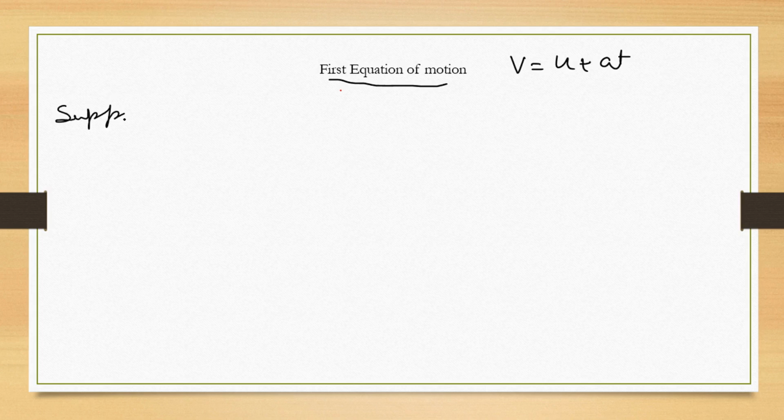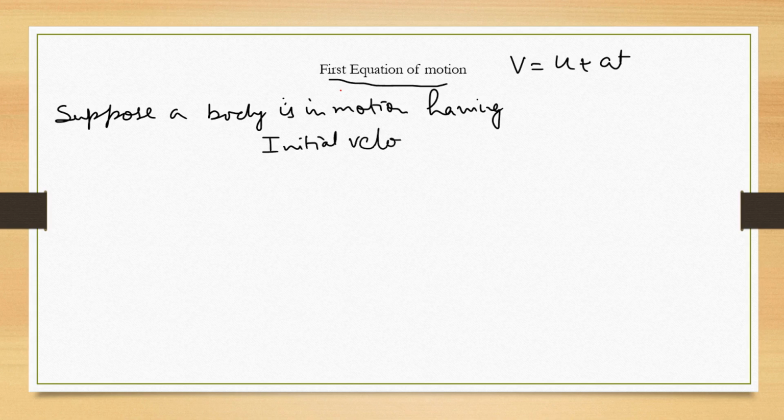Suppose a body is in motion, having initial velocity equal to u, and in time t it gets a final velocity v.